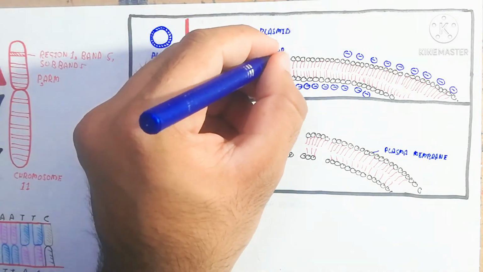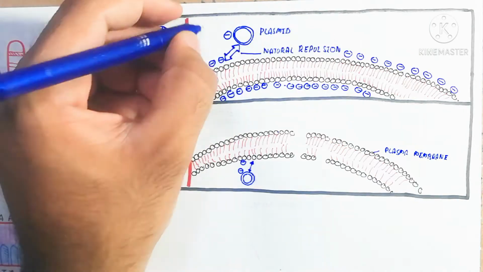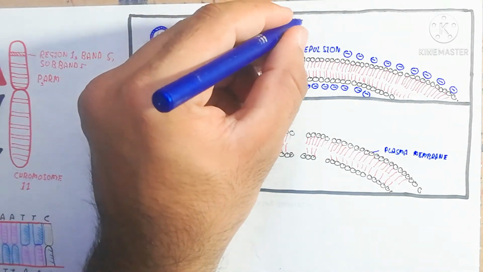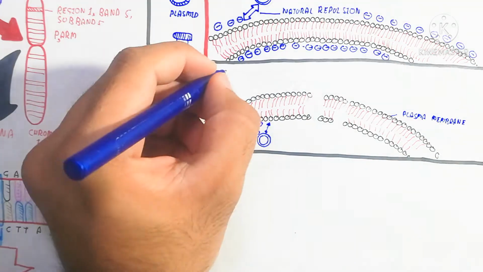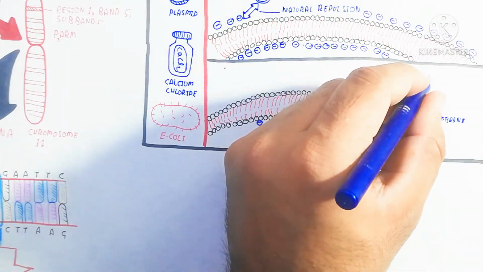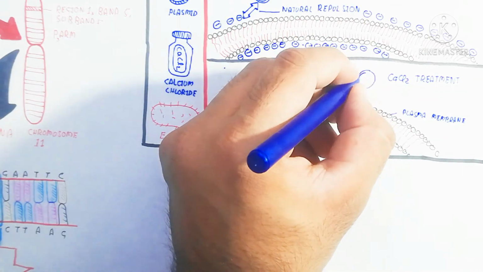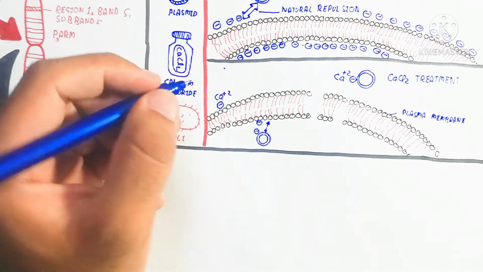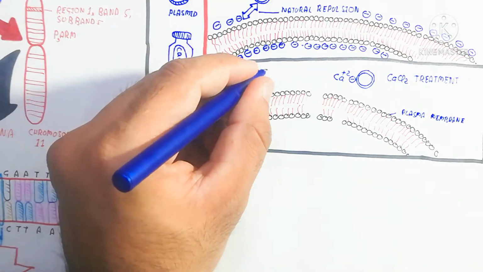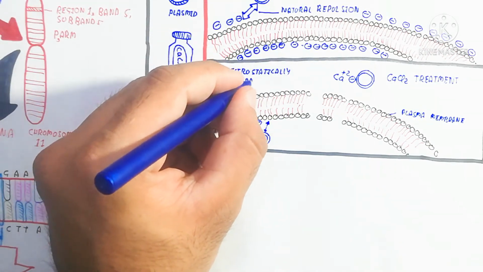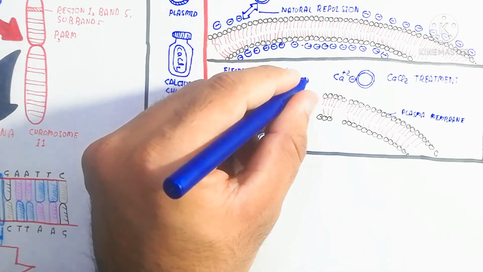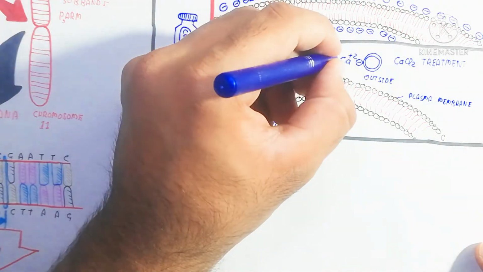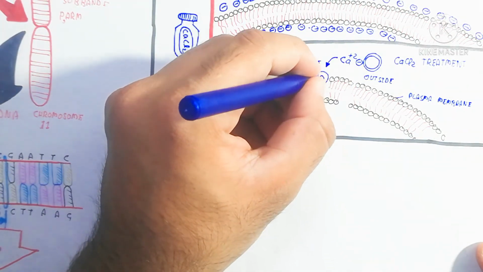But when we treat it with calcium chloride, which contains positive calcium ions, the positive charge will be attracted to the negative charge of the plasmid as well as the upper layer of the plasma membrane bilayer. So the positive charge attracts the negative to create a neutral environment, but inside it is negative, because calcium chloride is not present inside.